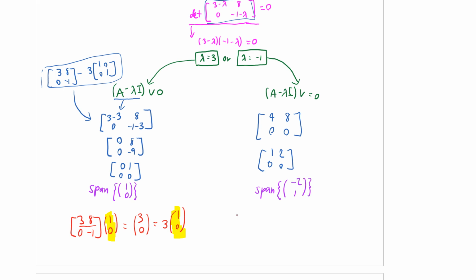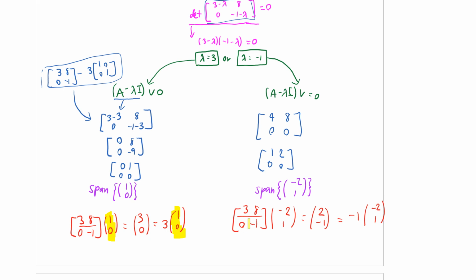If I were to check the answer, I'm gonna have 3, 8, and then 0 and negative 1 times negative 2 and 1. This would be 3 times negative 2 plus 8, so that would be 2, and then I will have 0 minus 1. Again, it's just negative 1 times negative 2 and 1.